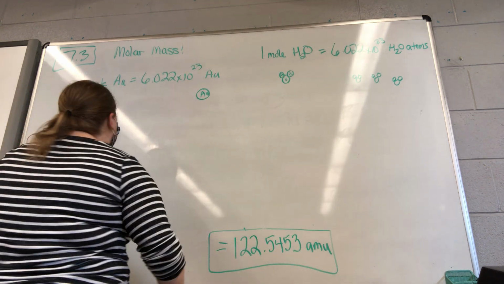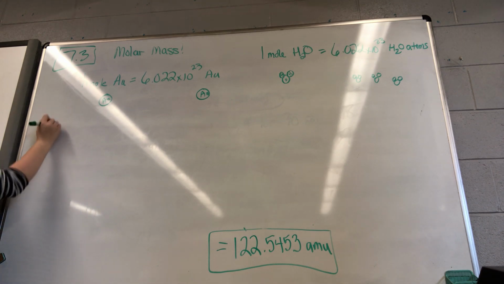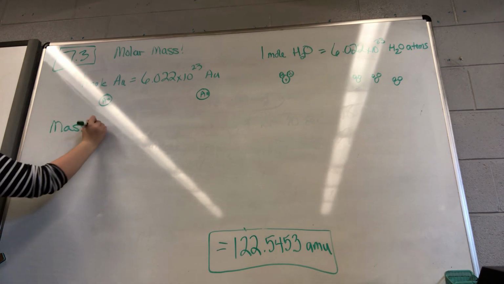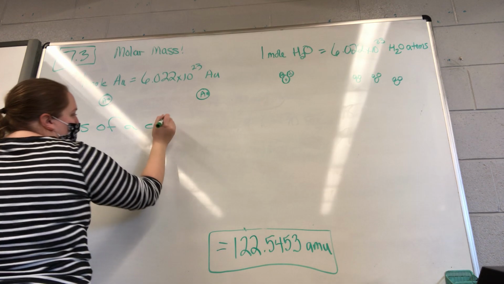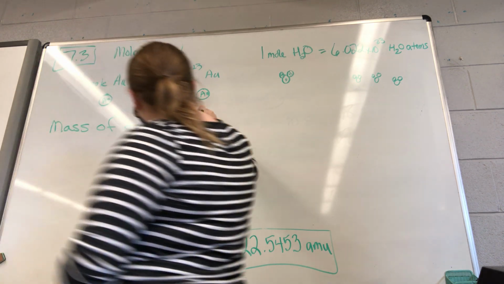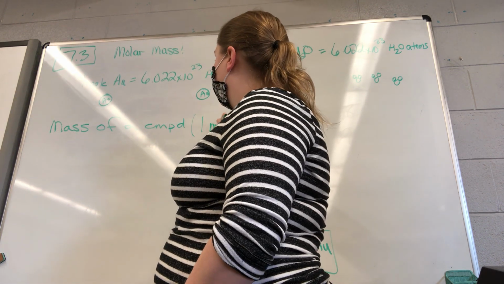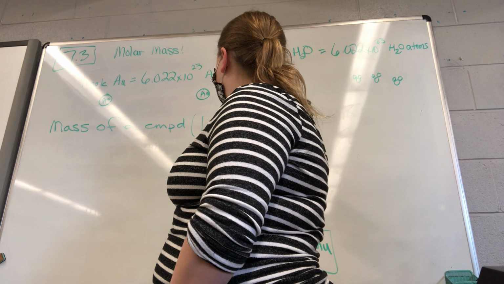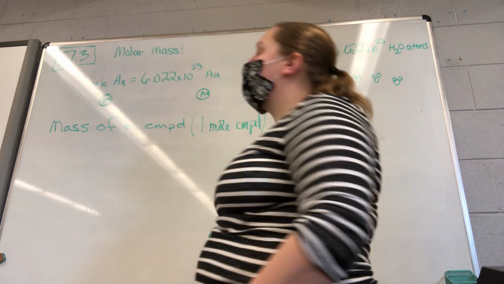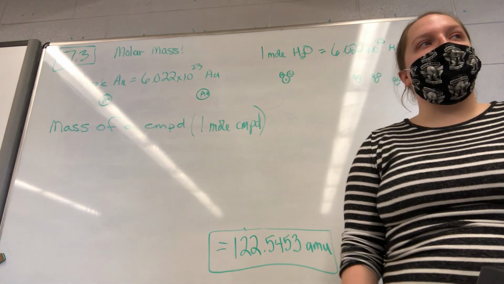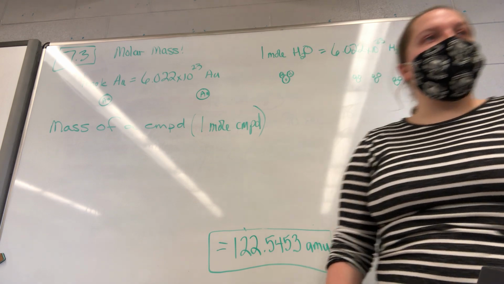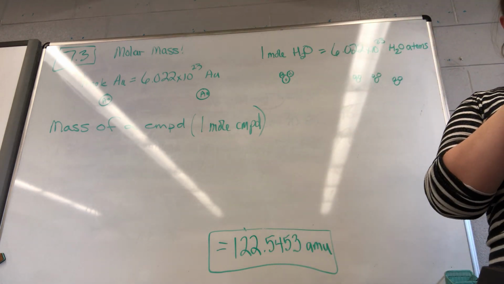The mass of a mole of either an individual element or a compound, leave my mass up there for a second. Okay, the mass of that compound is going to be equal to the same thing as the formula weight.